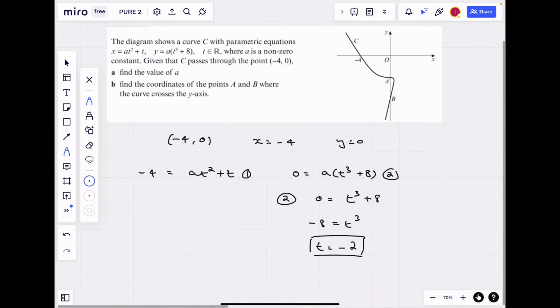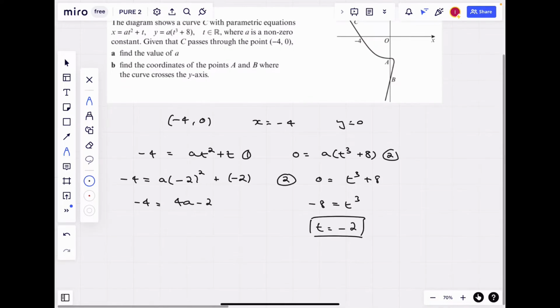So at the point (-4, 0), t equals -2. You can then plug that into equation 1, like this, which would give you -4 equals 4a minus 2, -2 equals 4a, a equals minus a half. There you go. You've worked out the value of a.